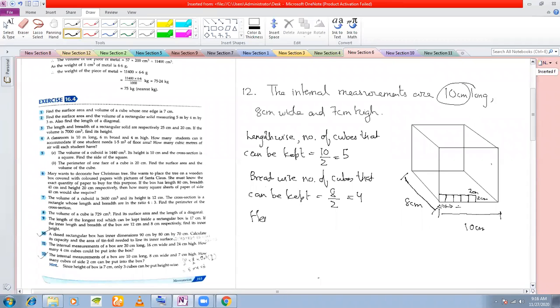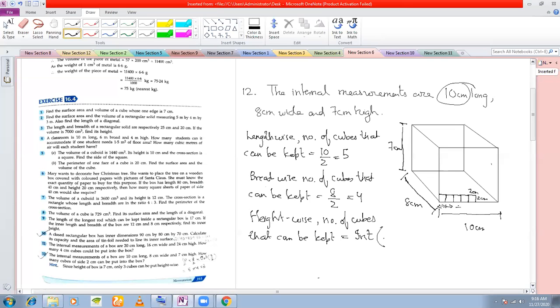Height-wise, how many cubes can you keep? Let's see what the height is first. 7 centimeter. Height-wise, number of cubes that can be kept is 3, yes, exactly.